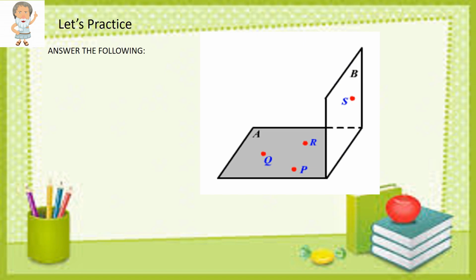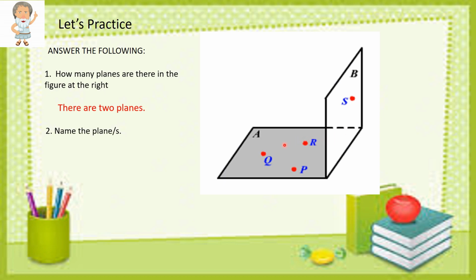So let's practice answering this one. How many planes are there in the figure at the right? Let's check the figure. We have this plane and the other. There are 2 planes. Number 2, name the planes. Easy, right?